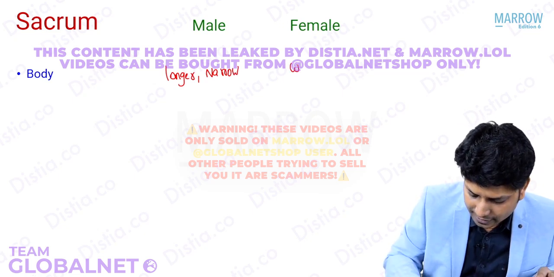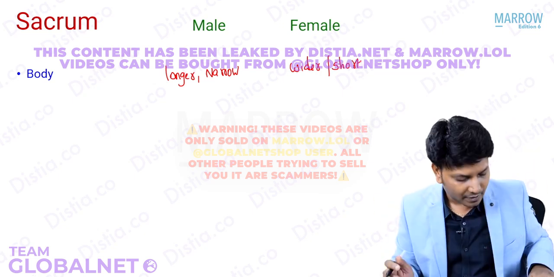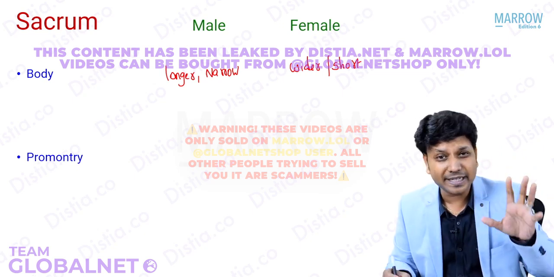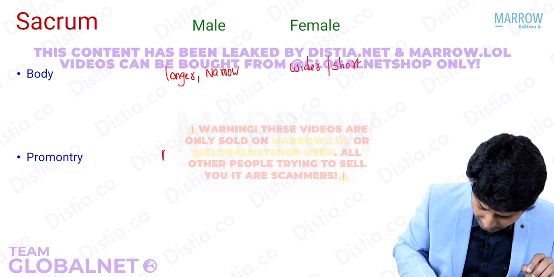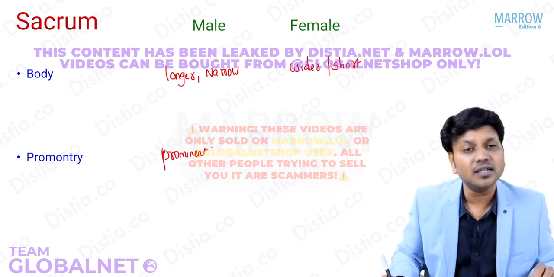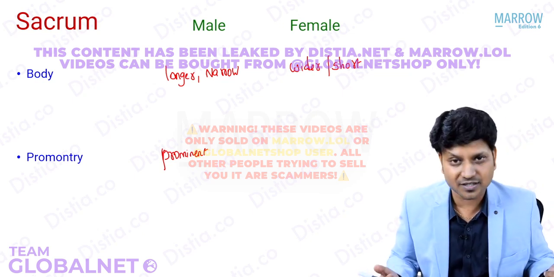Whereas in case of females, it is short and wide. Short but wide. Then you see the promontory. The sacral promontory is more prominent in males, and that is the reason why you can see the shape of the pelvic inlet. It's more heart shaped in males.